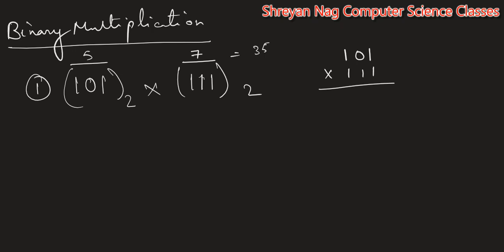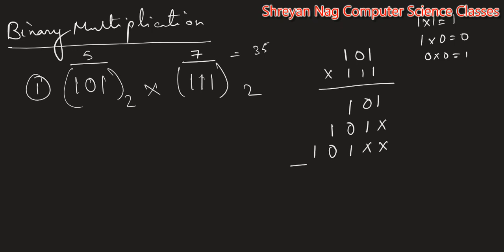If you multiply everything, 1 times 1 is 1, 1 times 0 is 0, and 0 times 0 is 0. These are the basic rules. So now 1 times 1 is 1, 1 times 0 is 0, and 1 times 1 is 1. Again the same for each row.